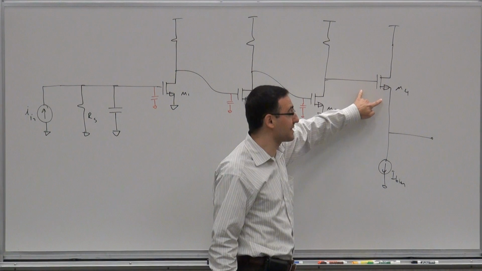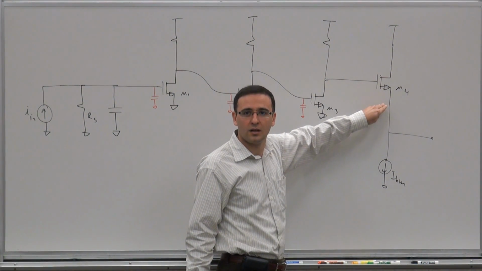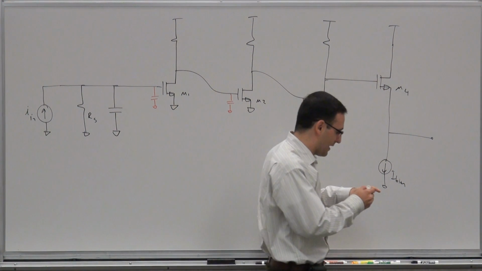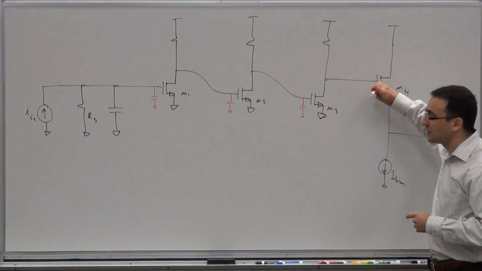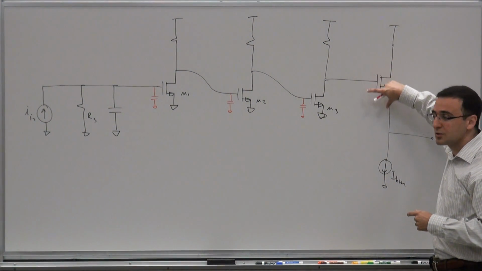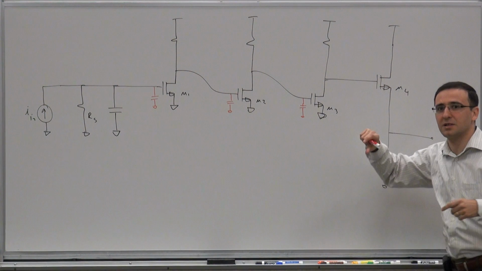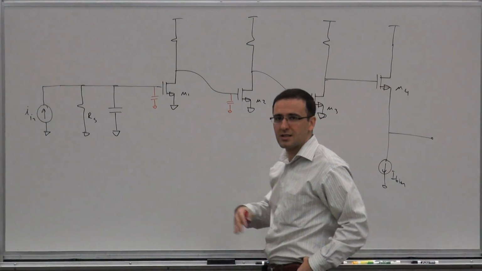Why? Because if the follower has a unity gain, there's a zero very close to the pole. Another way of seeing it is that it's a Miller effect. These two sides, the gate and the source, go up and down together, since the source follows the gate. So this capacitor experiences very small voltage swing, and its impact is really diminished. So let's not worry about that.